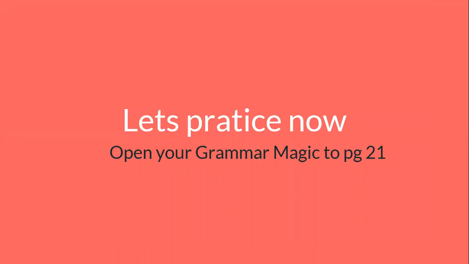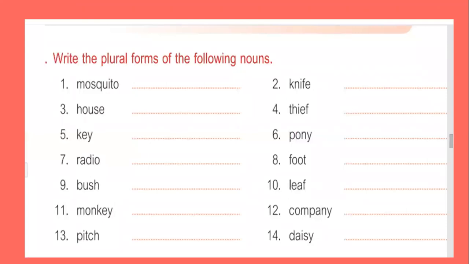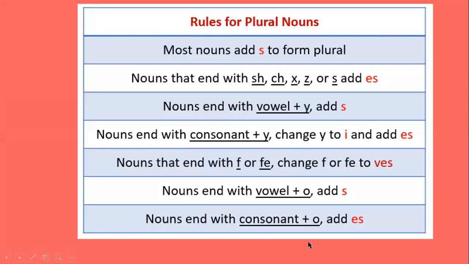Okay, now time to practice and apply our learning. So open your grammar magic book to page number 21. Do the first exercise where you're going to write the plural form of the following nouns. Mosquito. If you look at mosquito, it ends with a consonant plus o.